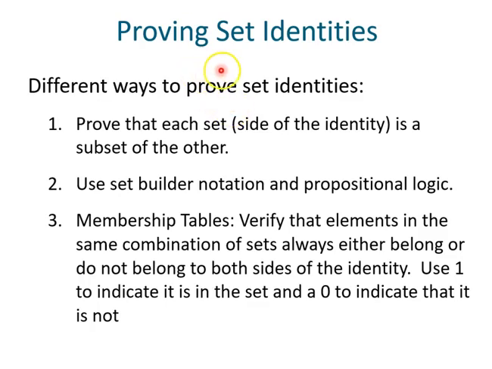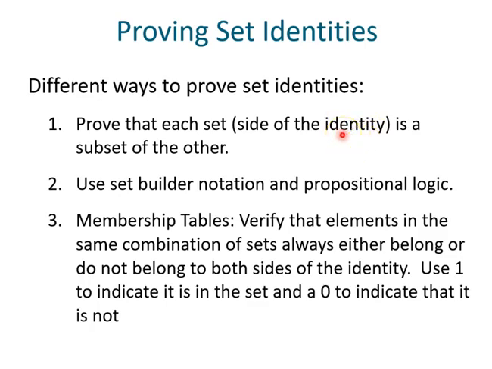We'll consider three ways of proving set identities. In the first way of proving, we consider a given set identity. There is a set on the left side and on the right side of the equality sign.